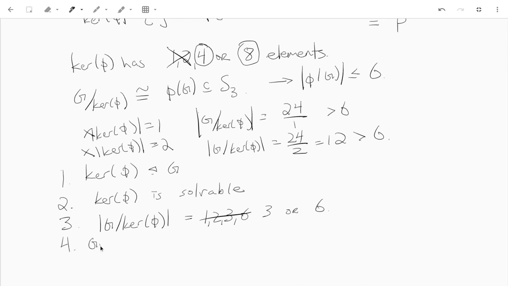Now we need to know that groups of order 3 and 6 are solvable. The kernel of phi is solvable since 2-groups are solvable.